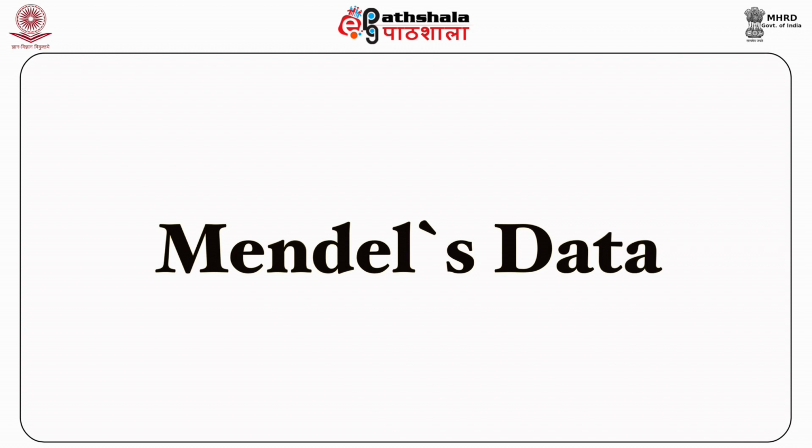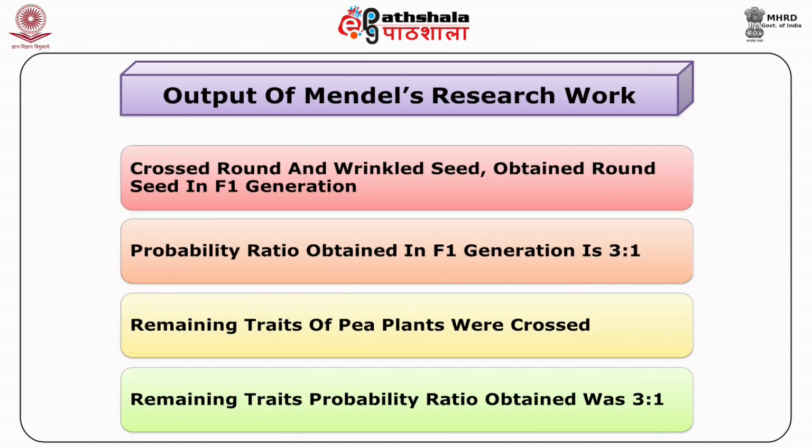Mendel's data. The output of Mendel's research work. Mendel crossed round and wrinkled seeds. He obtained round seeds in the F1 generation, which means the round trait is dominant over the wrinkled trait.